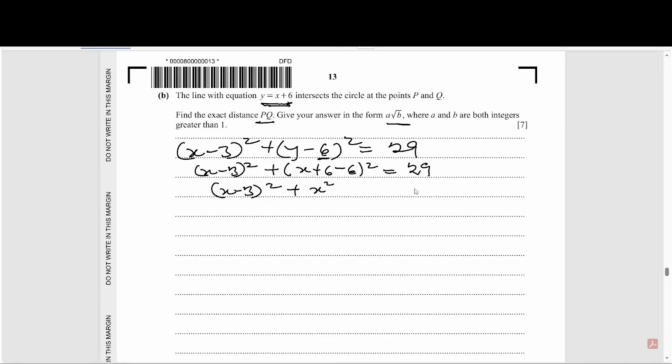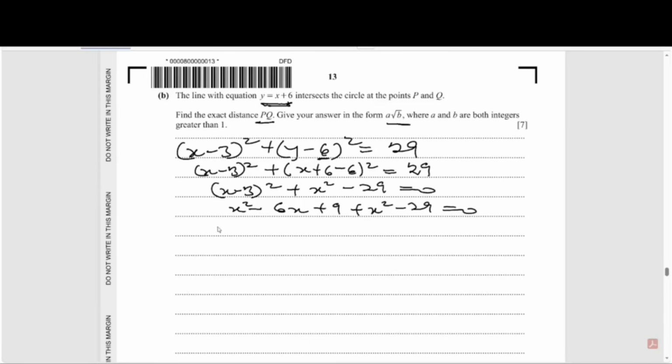I'm going to send the 29 to this side so that we have negative 29 equal to 0. Then we can expand the first term: x squared minus 6x plus 9 plus x squared again minus 29 is equal to 0.